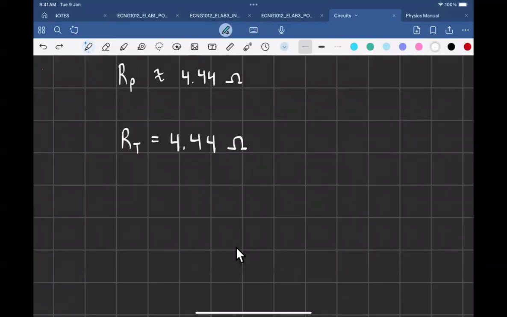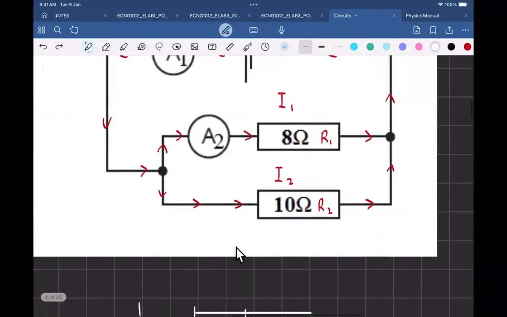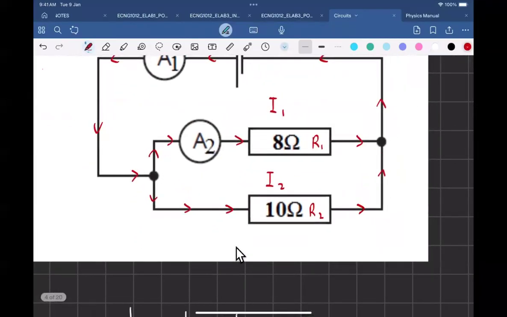The reason for that is because in a parallel circuit, you have two different paths you could take, wouldn't that reduce the resistance? Think about it.